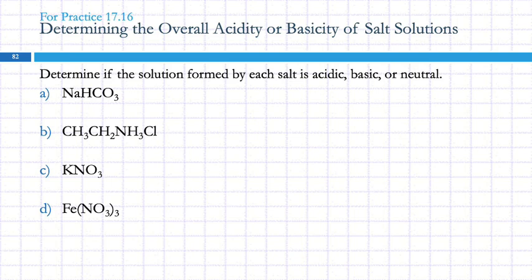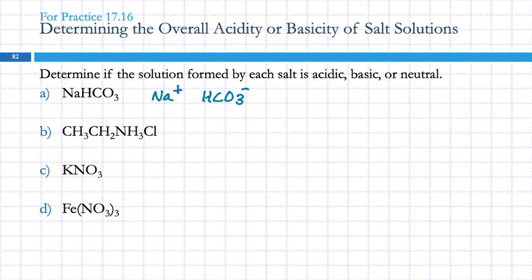Okay. Determine if the solution formed by each salt is acidic, basic, or neutral. So here we have an ionic compound. The first thing to do is to see, well, what are the ions in here? I think writing them down is a good idea. So I've got sodium ion and I've got hydrogen carbonate ion.